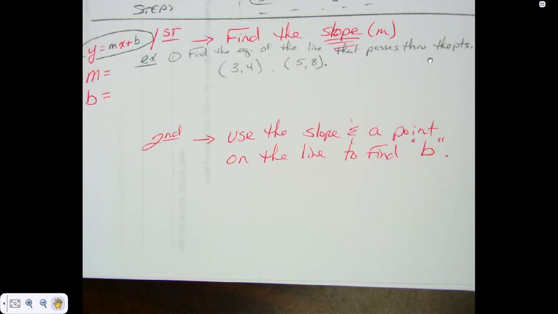If everyone will look back to section 2.5. If we had two points on the line, how did we find the slope? Anybody?